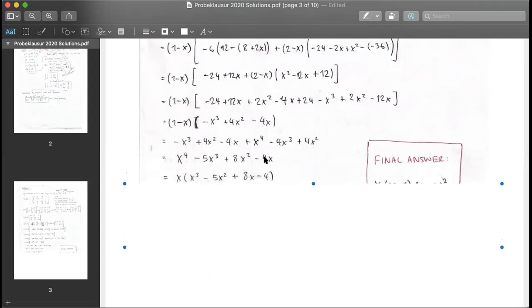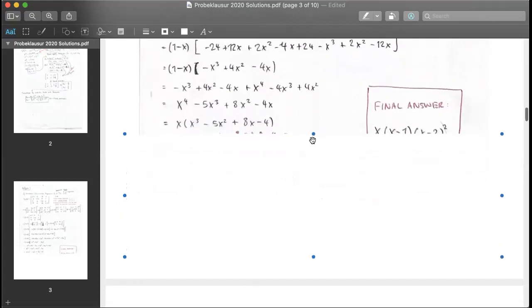You factor out the x, and now you've got to factorize this polynomial here, and the question is, how do you do it? I think most of us know this. You just do a guessing game, right? The factor is going to be the value that makes the polynomial equal to 0. So if you do a guess, start with 1, okay?